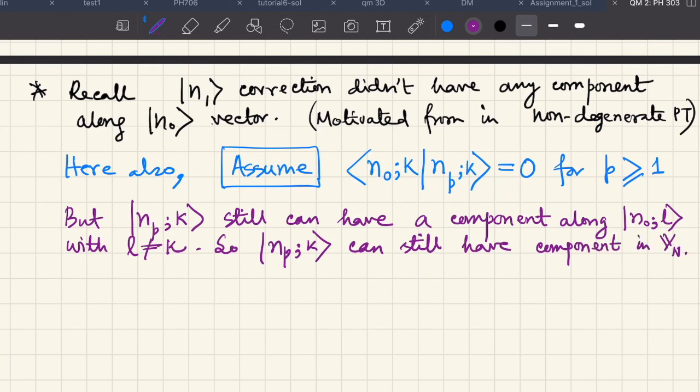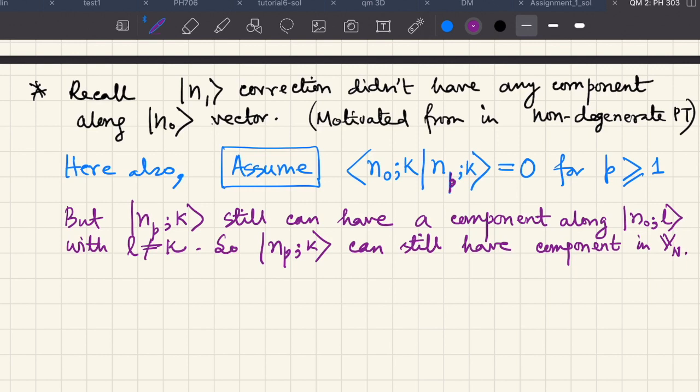This is very important to understand. We said that this npk, p here denotes the correction, and since p is greater than or equal to 1, that means this should start from the first order correction, and exactly the same thing that we have done in non-degenerate perturbation theory, n0 n1 equal to 0, n0 n2 equal to 0. Here also this goes exactly in the same manner.